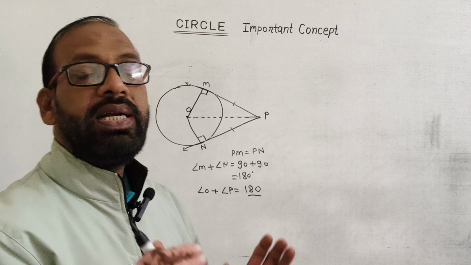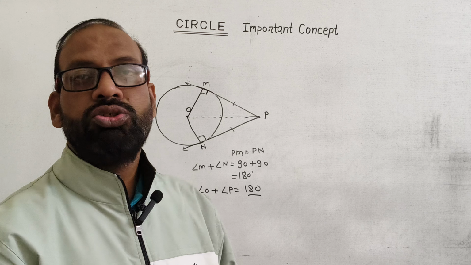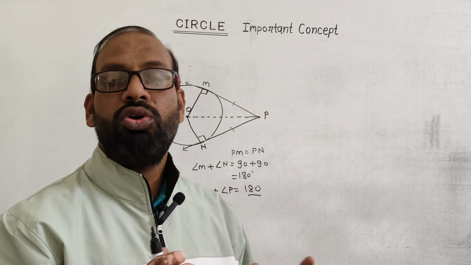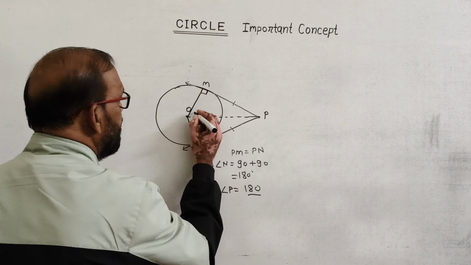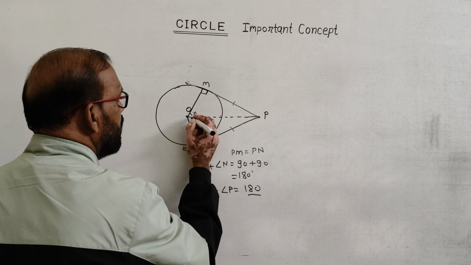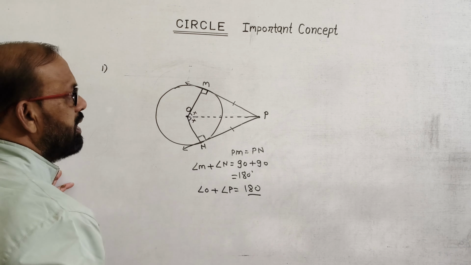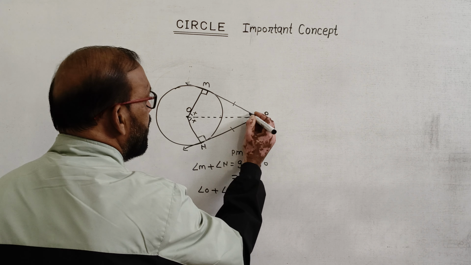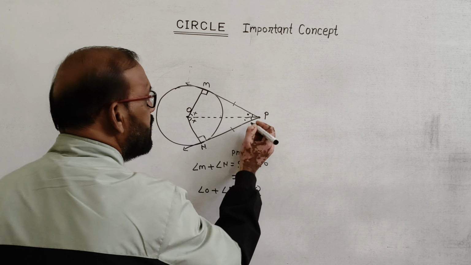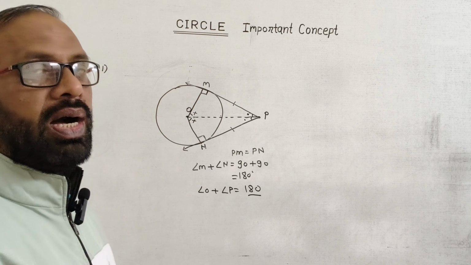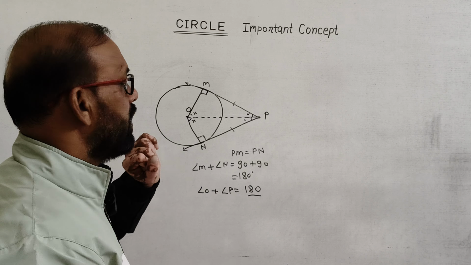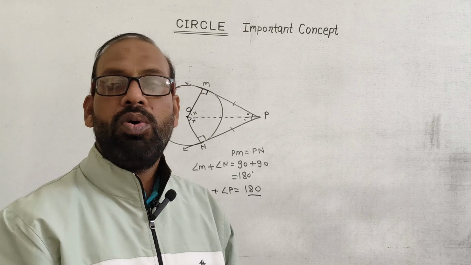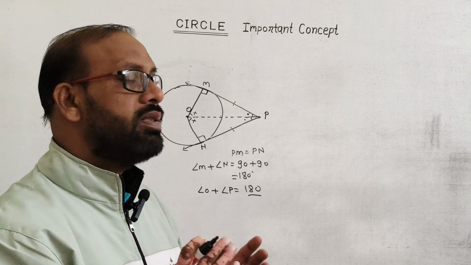So by the SSS congruence rule, these two triangles are congruent to one another. That's why this angle is always equal to this one by CPCT, and this angle is equal to this one, again by CPCT, corresponding parts of congruent triangles. This is a very, very important property regarding this circle topic.